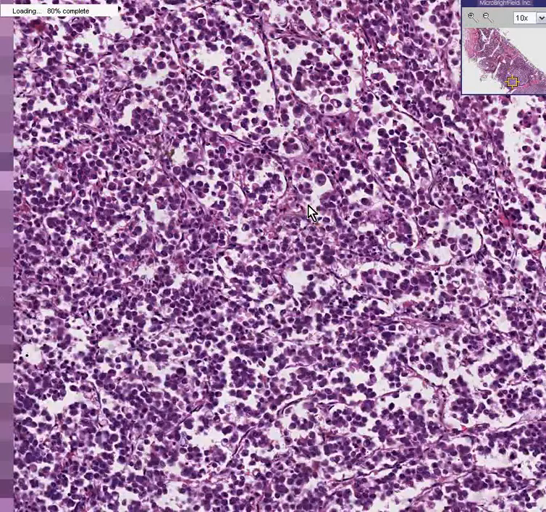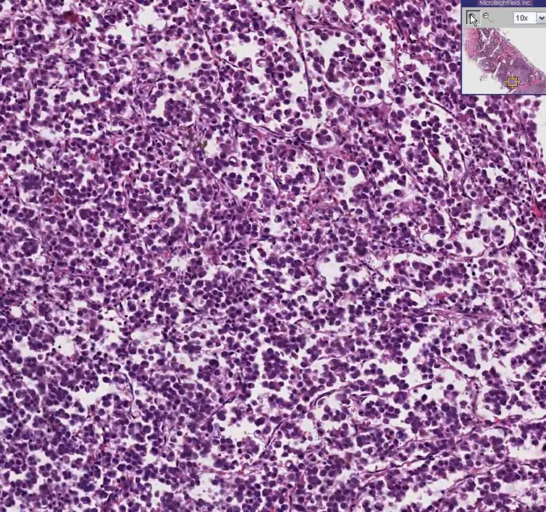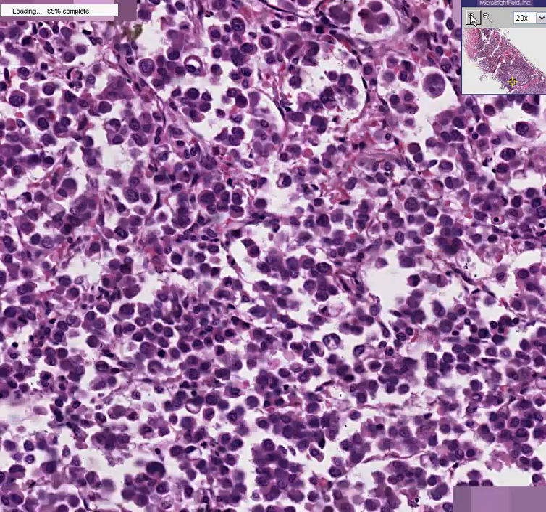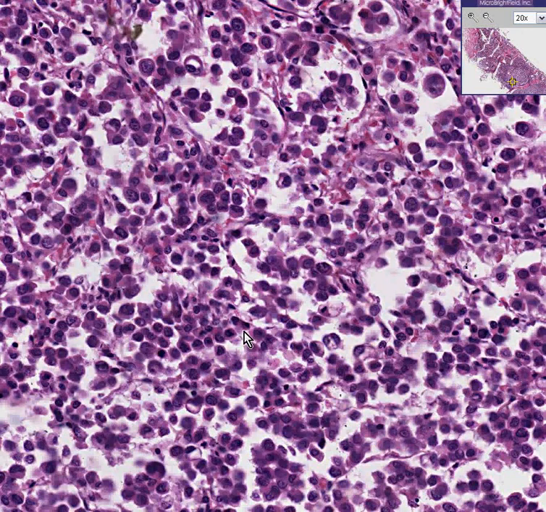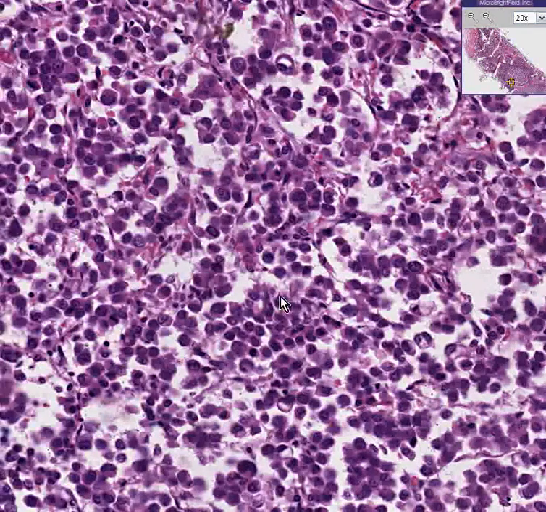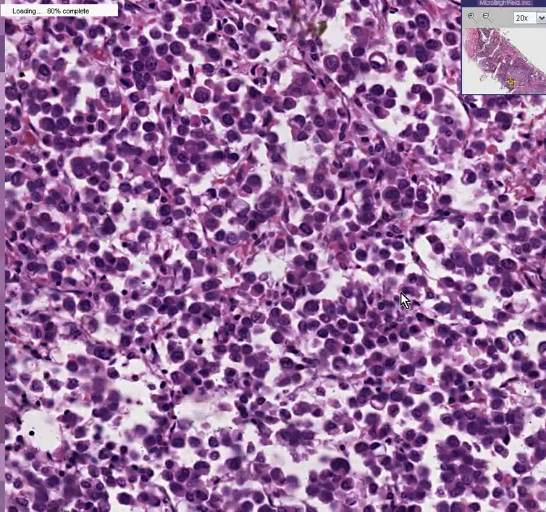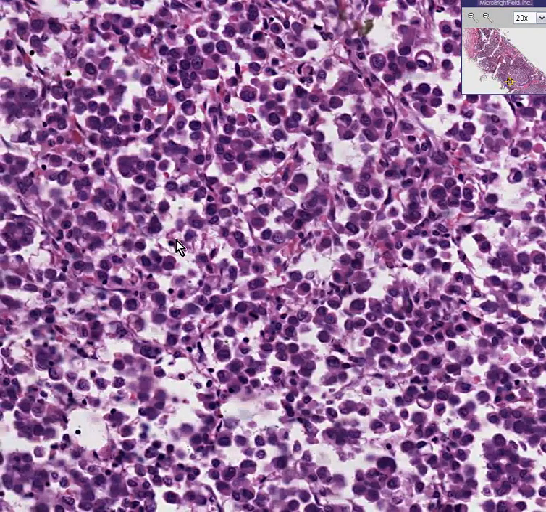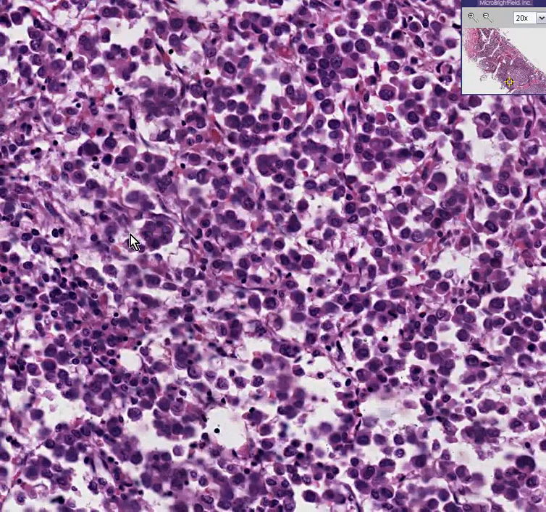They look like rather undifferentiated cells, don't they? And they're very pleomorphic, and there's abnormal mitosis. And some of these may be inflammatory cells, lymphocytes. And in this area here, it almost looks like there's a primitive looking gland, doesn't it?